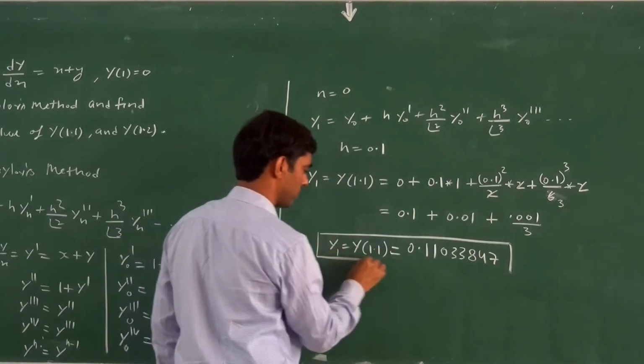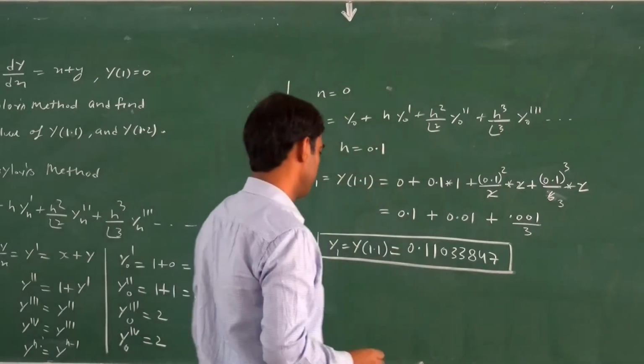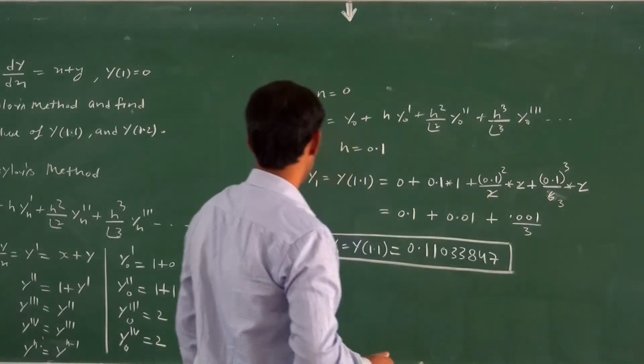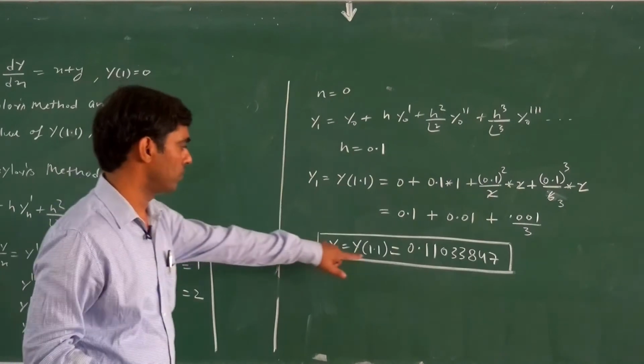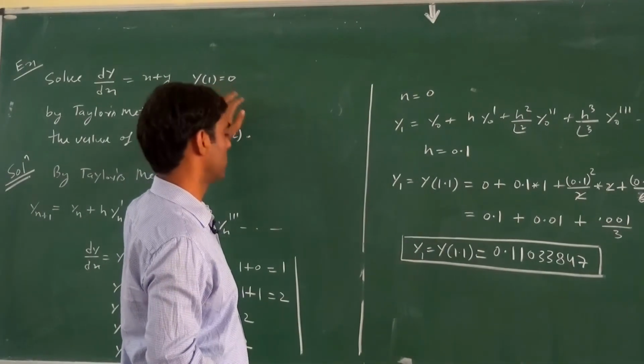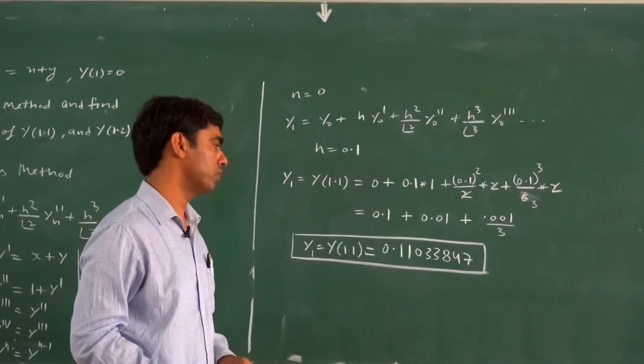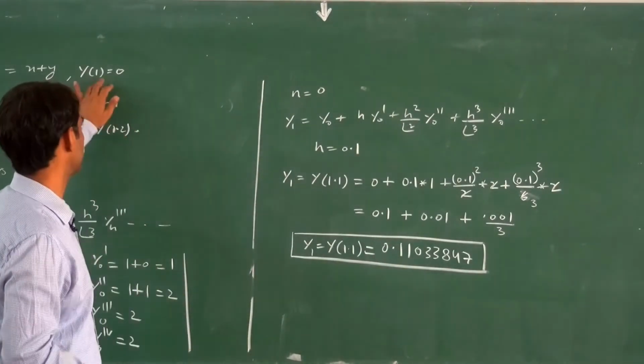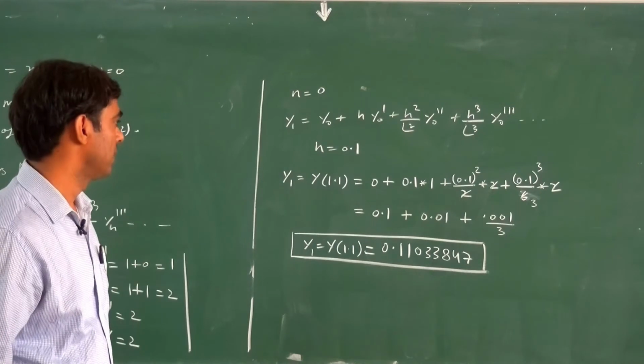What is the value of x1? x1 becomes 1.1. So y at 1.1 is 0.11033. This is the result.